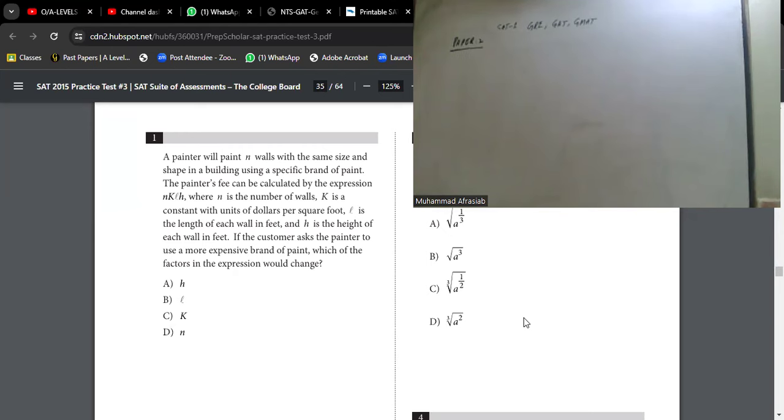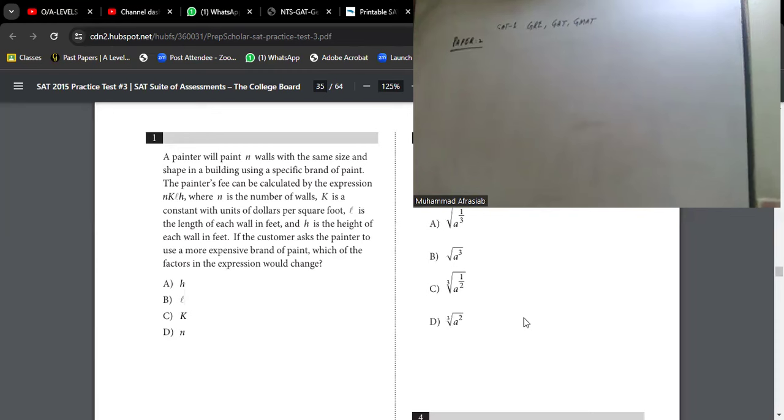The painter's fee can be calculated by the expression NKLH, where n is the number of walls, K is the constant with the unit of dollars per square foot, L is the length of each wall in feet, and H is the height of each wall in feet. If the customer asks to use a more expensive brand of paint, which of the following factors in this expression would change?